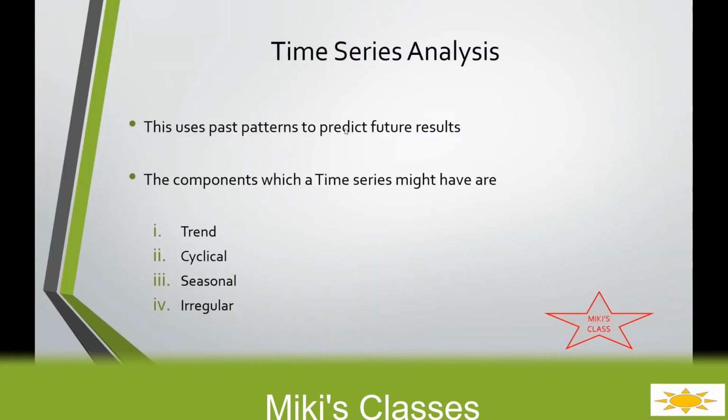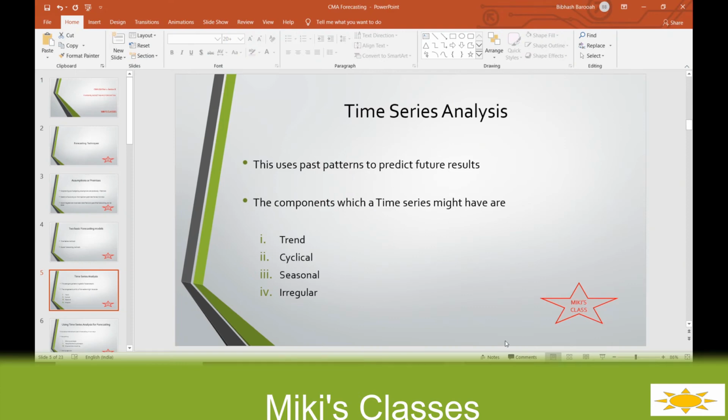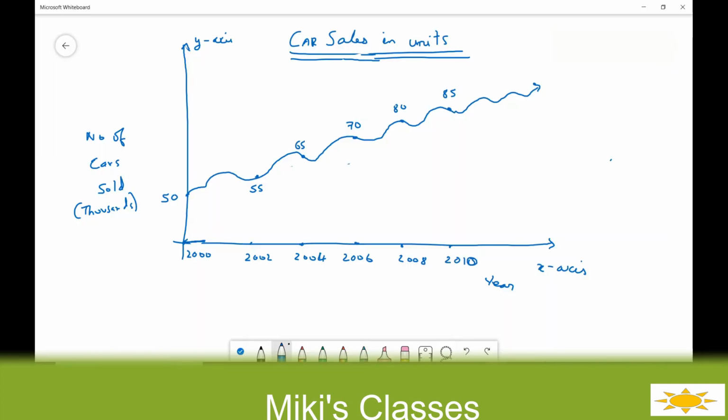So going back to our slide, in the case of time series, we discussed that this uses past patterns to predict future results. This is the past pattern which we have for car sales. Suppose we are asked to make a projection for 2012 on the basis of what we already have here, and the graph was only till about 2010.